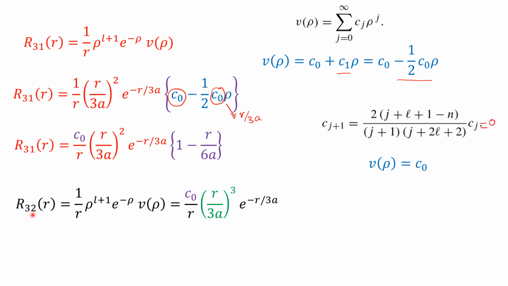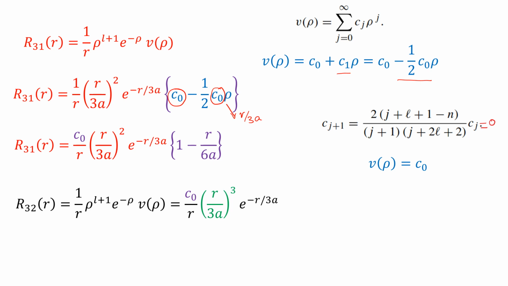Here L is 2, and 2 plus 1 is 3. So this will become R over 3A whole cube, and e power minus rho, where rho is R over 3A. Only thing is we have to find V of rho. You find the coefficient first.